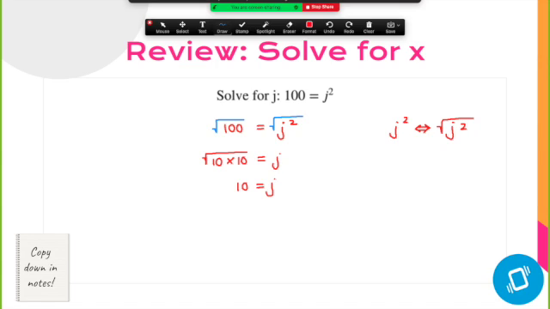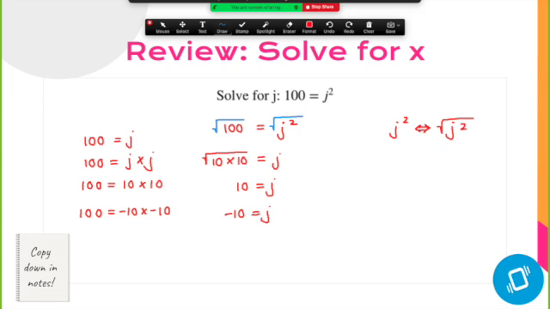Now, one important fact is that if we're looking at j here, not only can we use 10 times 10, because it would be j times j, that would work, but we could also use negative 10 times negative 10 as well. And so it's important that not only do we write down j is equal to 10, but j is also equal to negative 10 as well. So we get two answers here in the end.